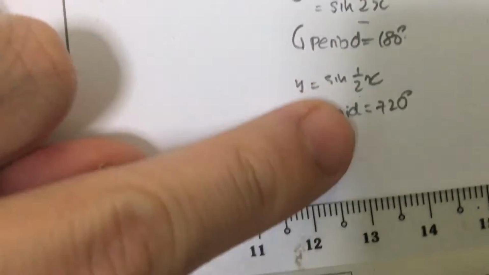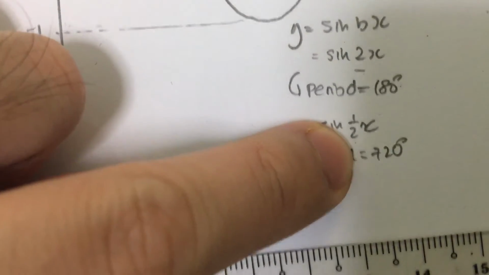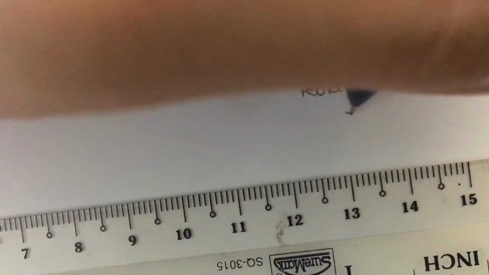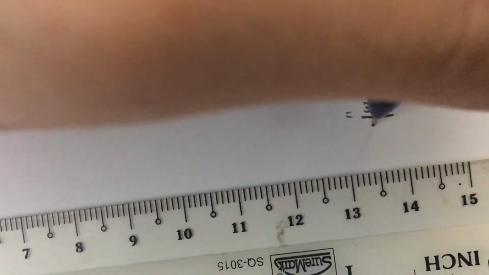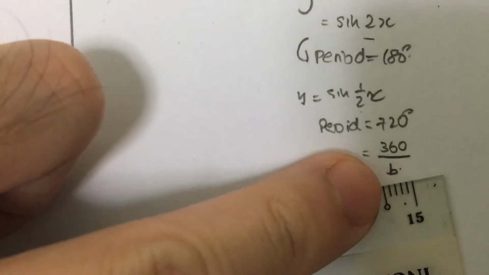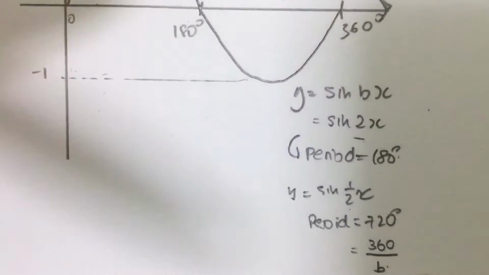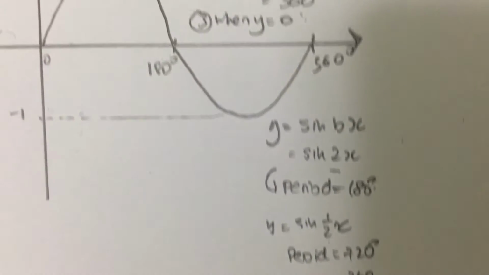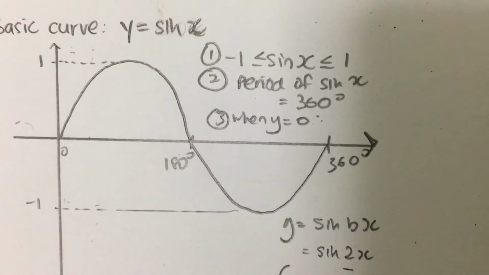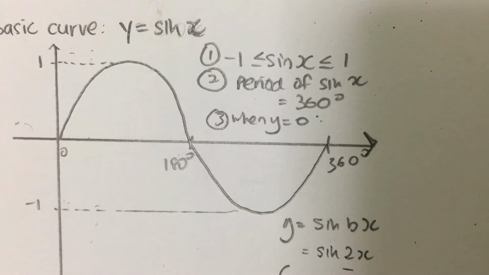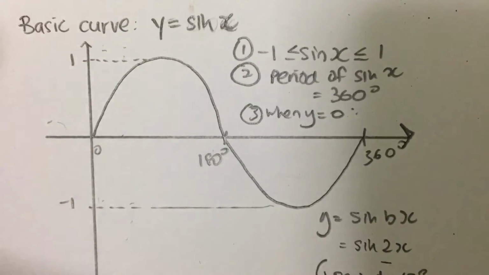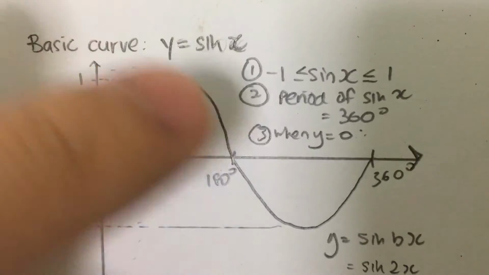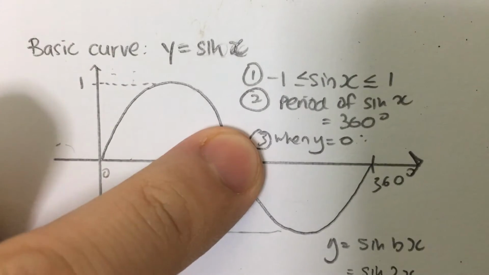We take 360 divided by half. So the period is just 360 over b, where b is the constant in front of the x itself. The period is the horizontal distance of one complete cycle, but for the standard basic curve, y equals sine x, the period is 360.